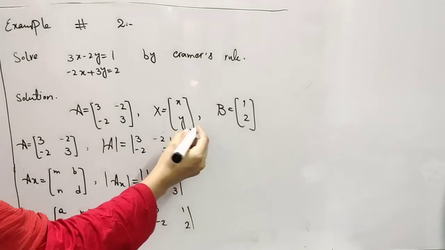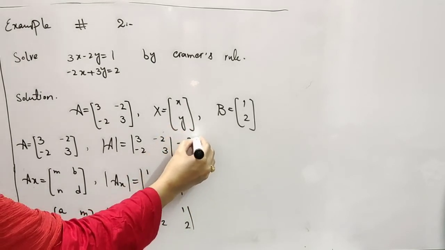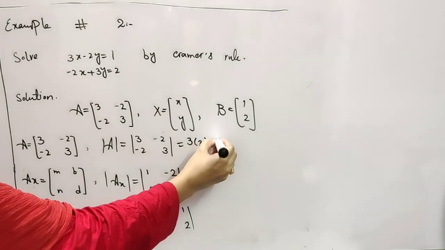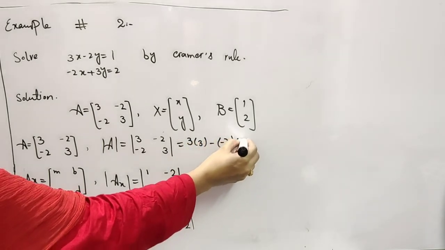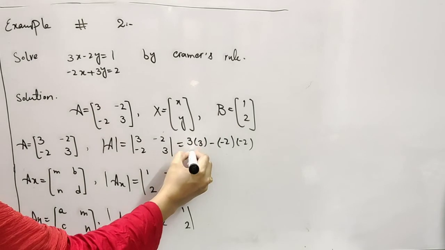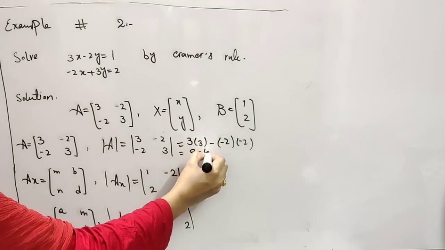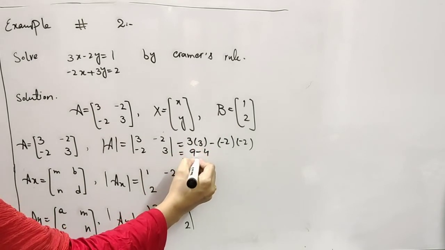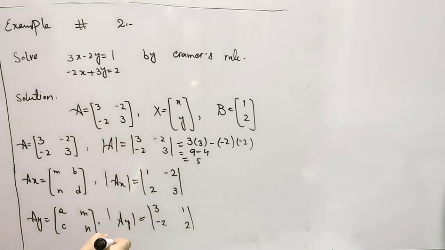Now we will solve this. The determinant of A will be equal to 3 into 3 minus 2 into minus 2. It will be equal to 9 minus 4, which is equal to 5.